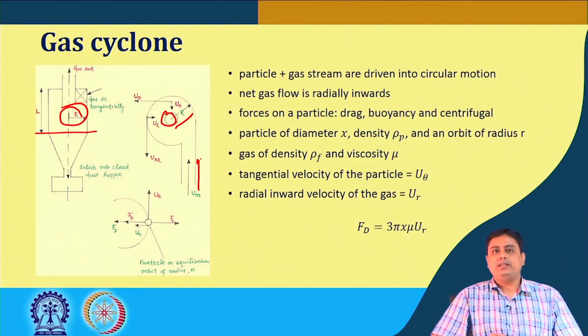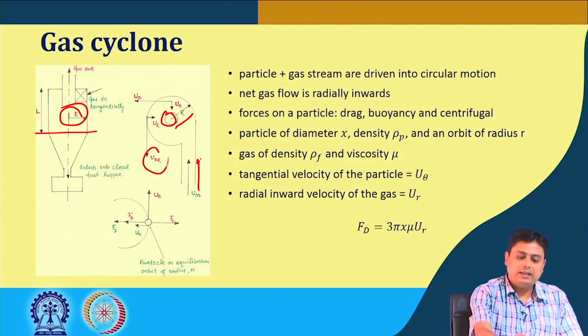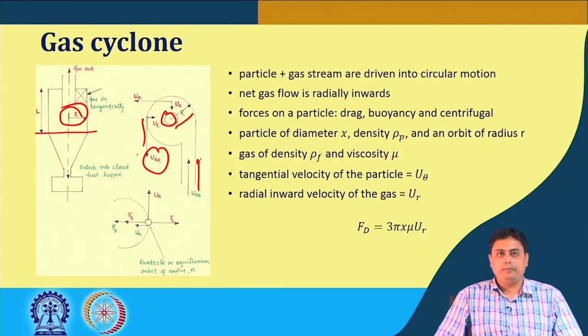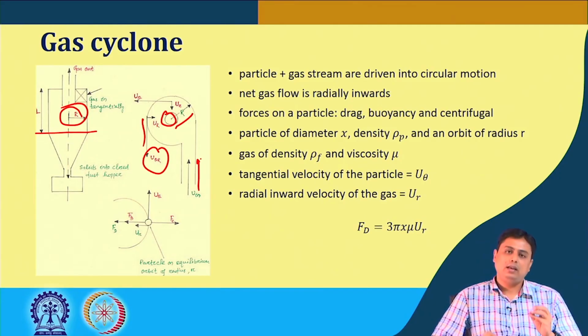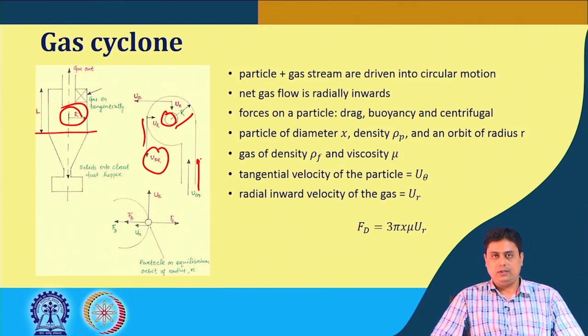U theta is the tangential velocity, so U theta R is the tangential velocity at the wall, and U R is the radial velocity of the particle on the wall of this vessel.